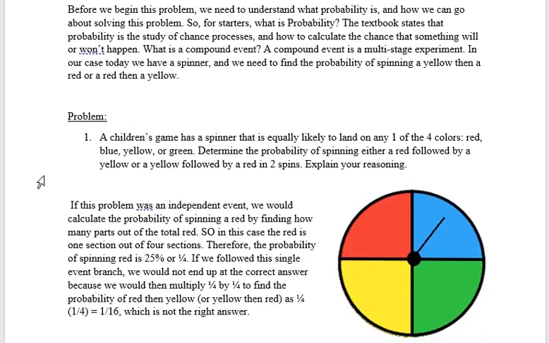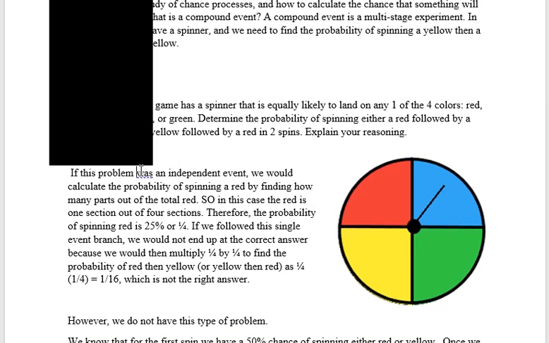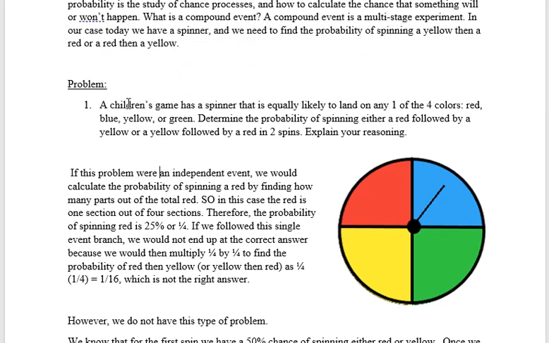Once again, our problem is asking for us to spin a spinner twice, or with 2 spins, and determine spinning either a red followed by a yellow or a yellow followed by a red. If this problem was an independent event, we would calculate the probability of spinning a red by finding how many parts out of the total red is.